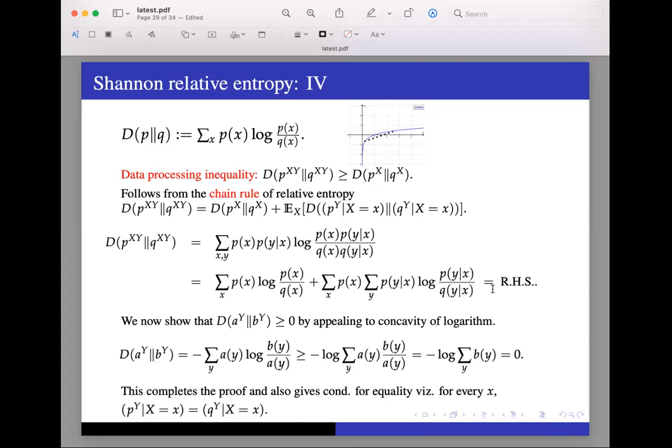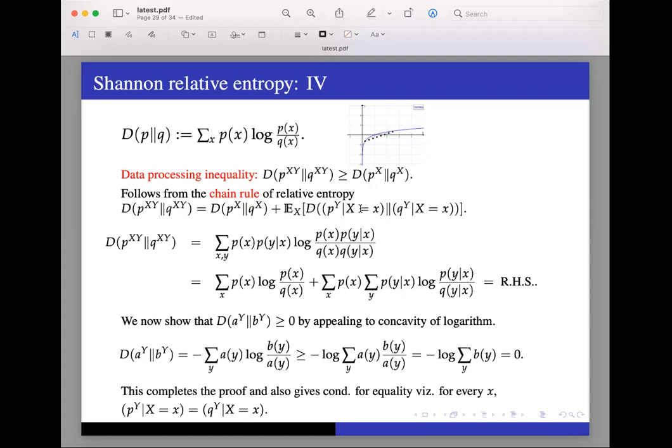And now look at the second summation out here. So this is precisely the second term out here. So this is the right answer. Everybody follows this proof? Okay. So I have proved the chain rule, but how to get the data processing?